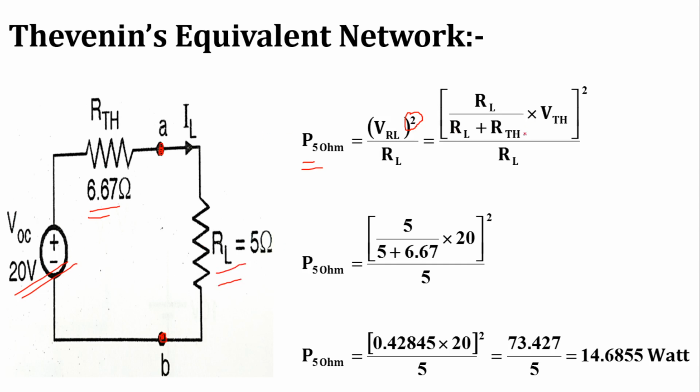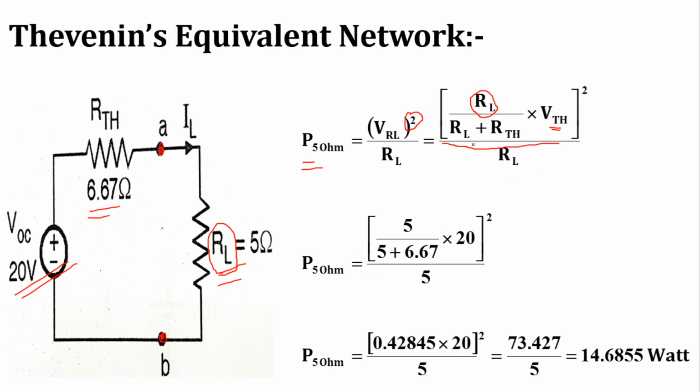So the voltage is VTH multiplied by RL, the resistance across which we want to find the voltage, divided by the total resistance in series, RL plus RTH. This entire term is squared and divided by RL.